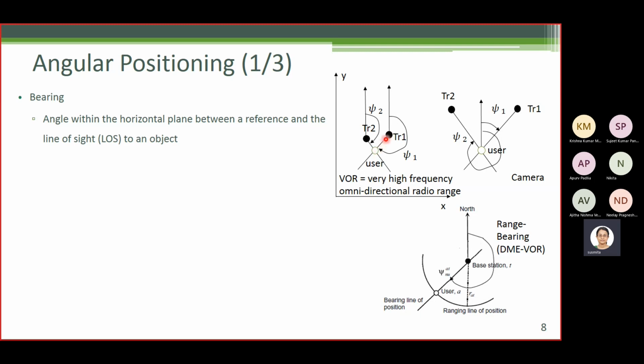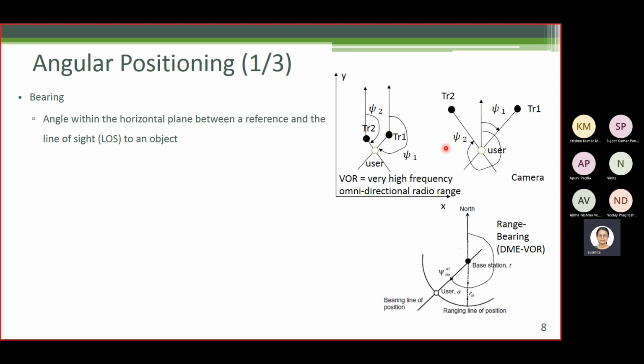Along this line the user can see the transmitter, and that's why we call it line of sight. Now, in this case, the reference direction is picked at the transmitter. So this is one transmitter, this is another transmitter. For this transmitter, this is the bearing, and for this one, this is the bearing. So psi 1 and psi 2, always calculated clockwise.